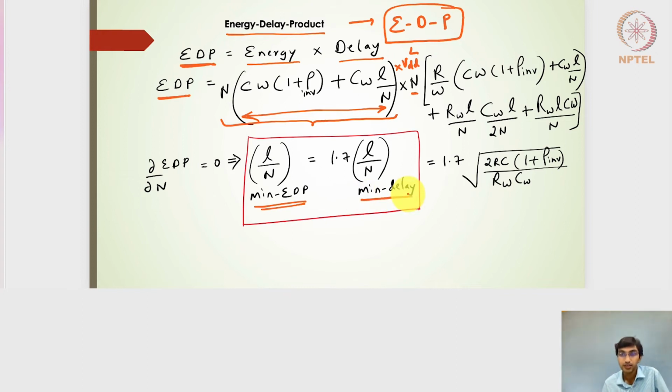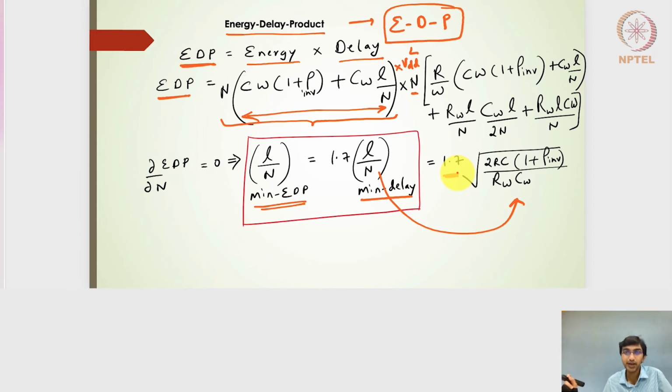This expression we know, which is the square root of 2RC into 1 plus the normalized parasitic factor divided by RWCW. So the optimized L by N for achieving the minimum EDP turns out to be 1.7 times more than the optimized L by N that we have achieved for the minimum delay.